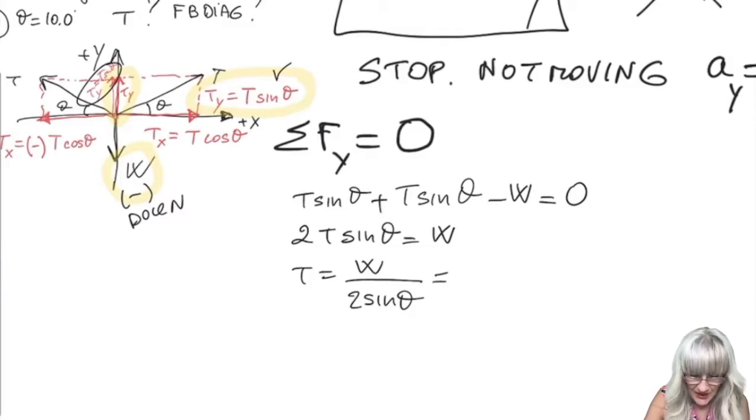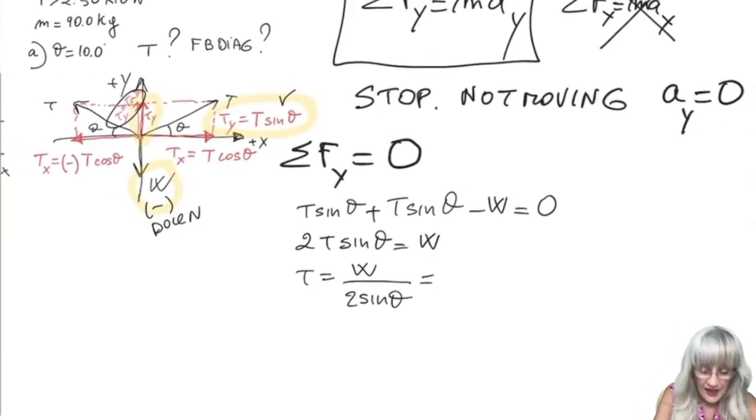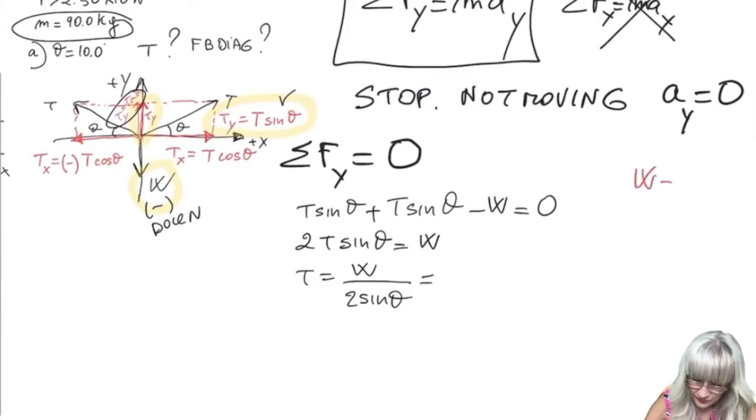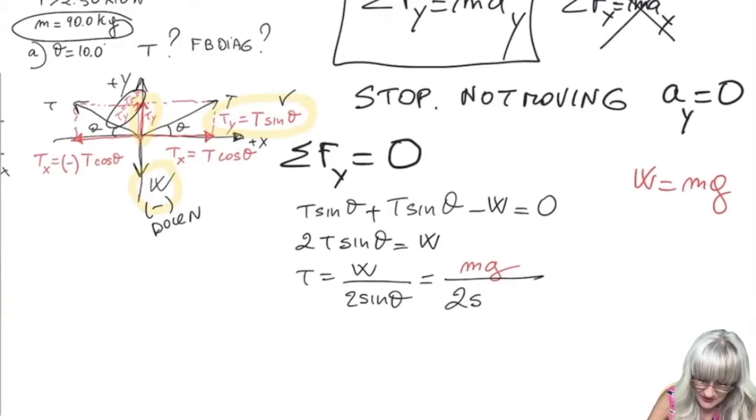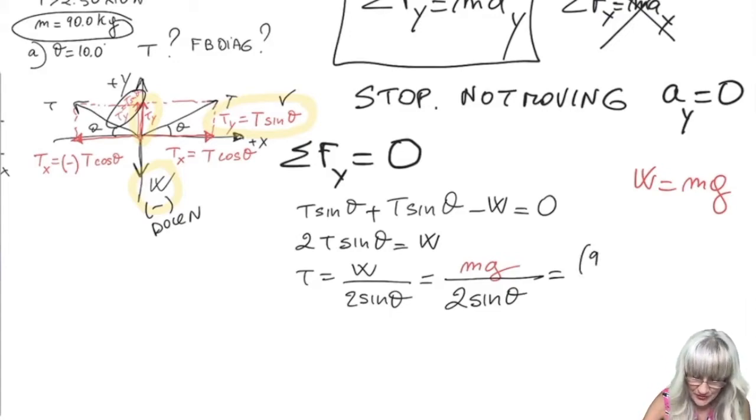At this point I can plug everything in, and I know everything. Why? Because I have the mass right there, up there. So what is the weight? It's mg. So at the numerator I have mg, divided by twice sine of theta. All right, let's plug in the numerical values so you are 100% sure that you're doing well.